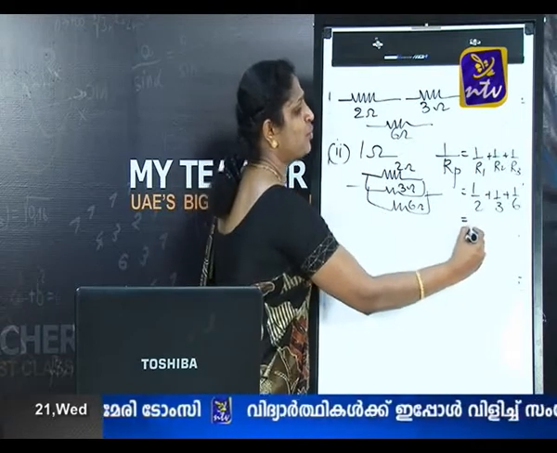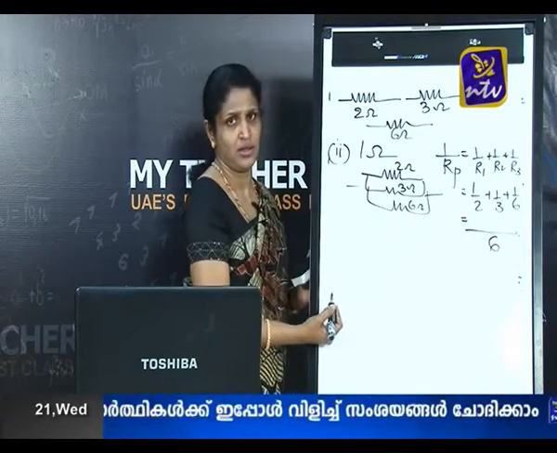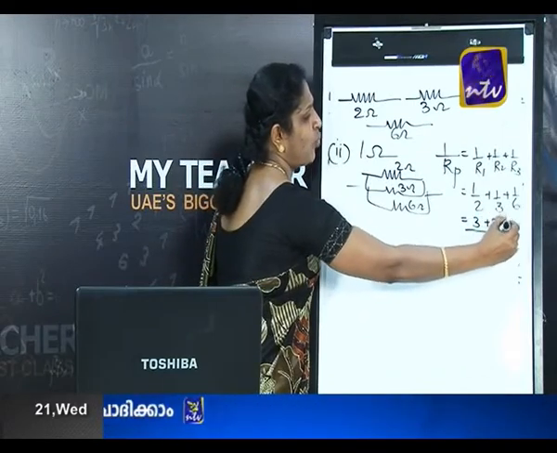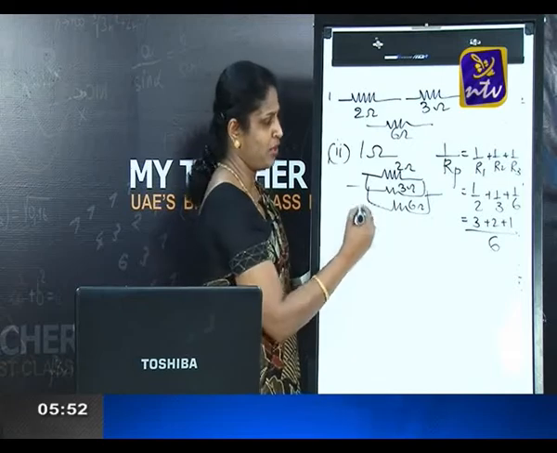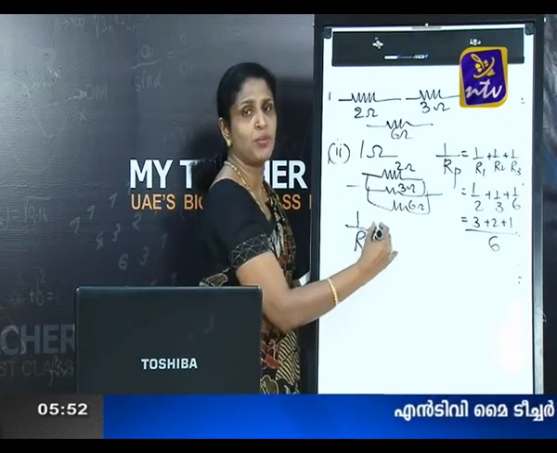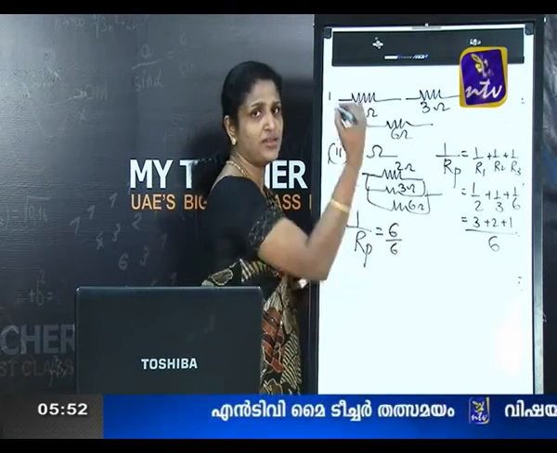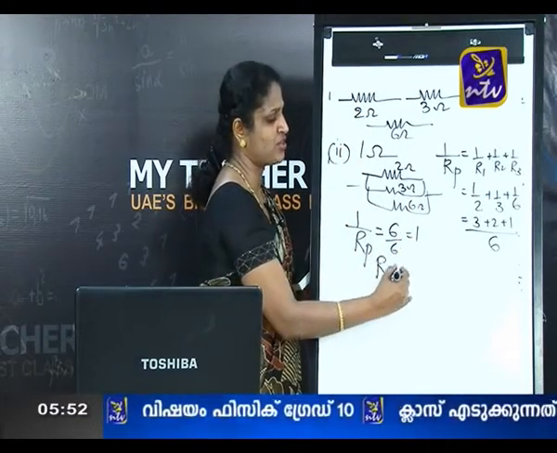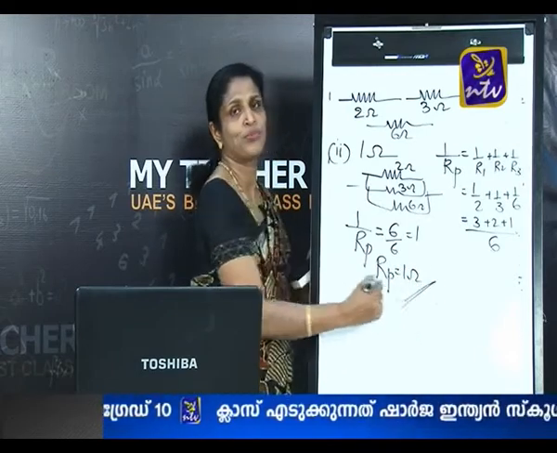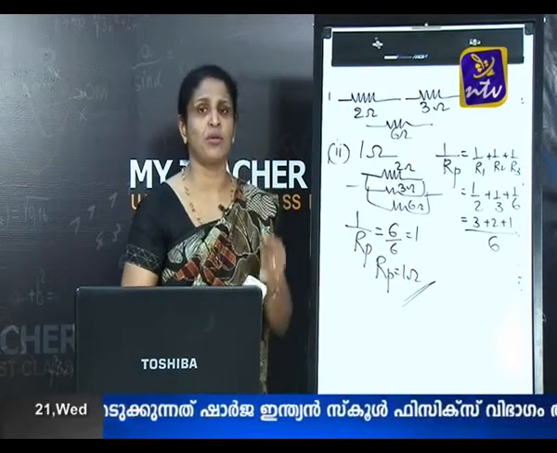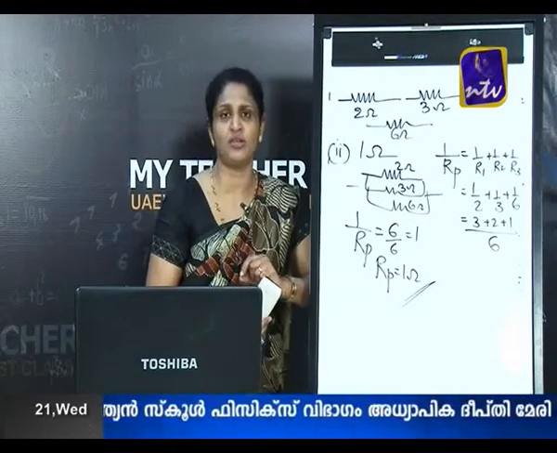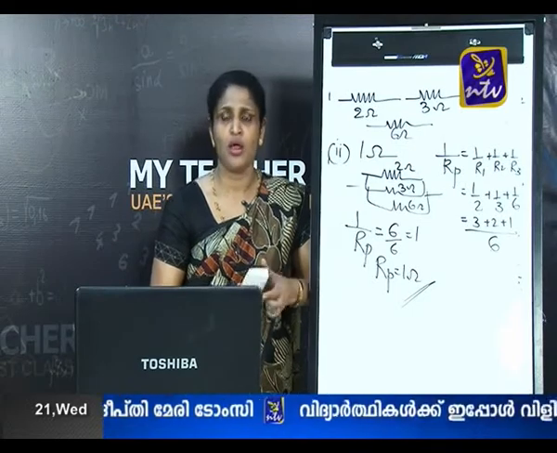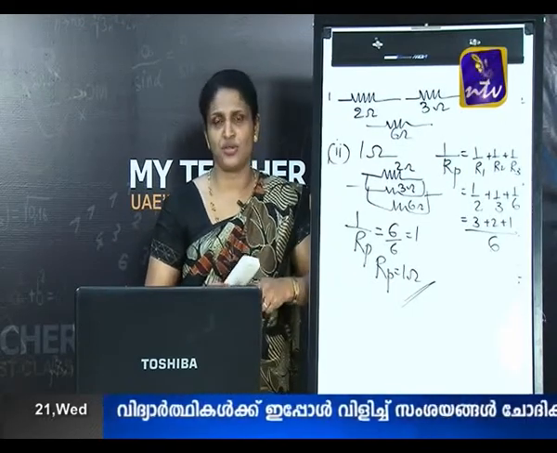The LCM of 2, 3 and 6 will be 6. 2 3s are 6, 3 2s are 6 and 1 6 is 6. That means 1 by Rp is equal to 6 divided by 6, that is equal to 1. So, the total effective resistance is equal to 1 ohm. So, if we want to get 1 ohm from 2 ohm, 3 ohm and 6 ohm resistors, all the 3 should be connected in parallel. Now, let us move on to the next question.